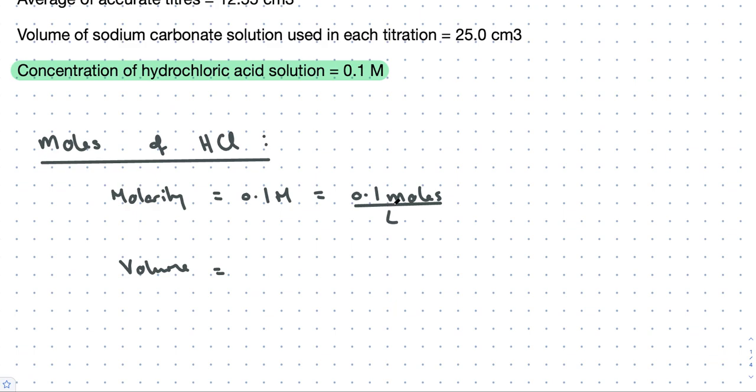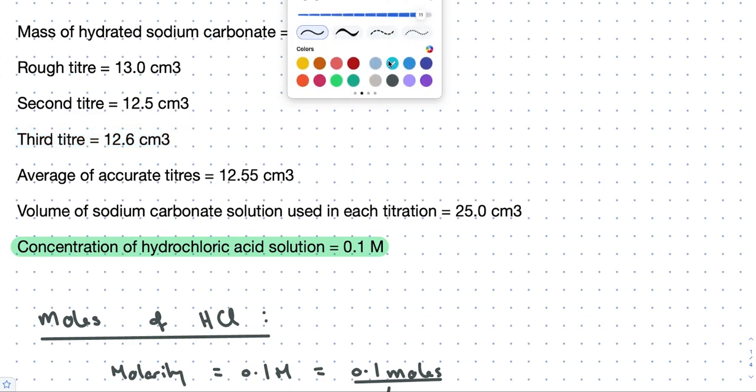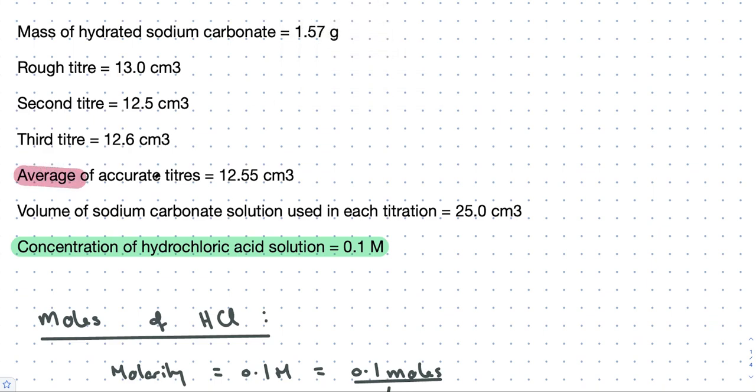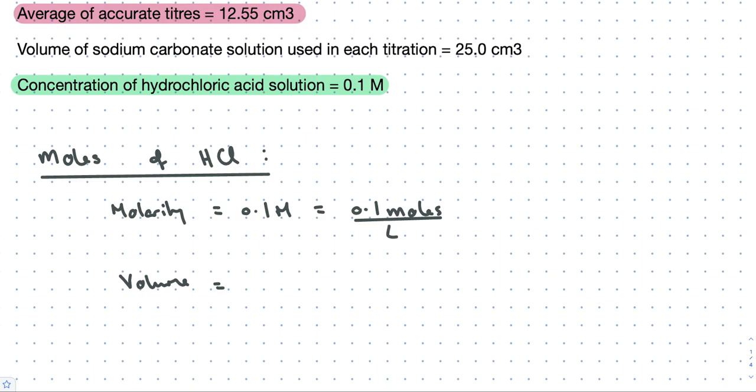So what I'm going to have is the average titer, which is not 12.6, apologies. It's actually 12.55. So I'm going to take that. So that's my volume being brought down here. That's 12.55 centimetres cubed.